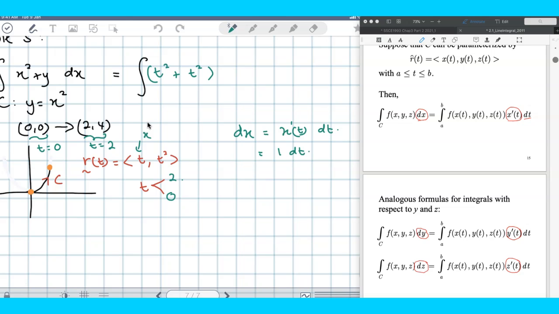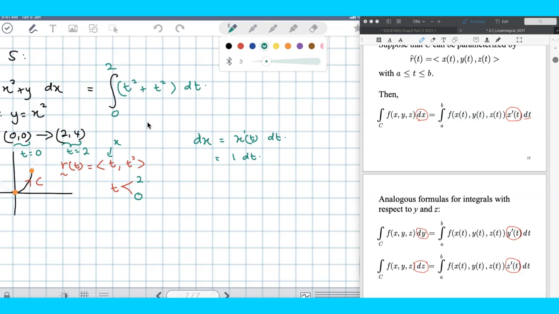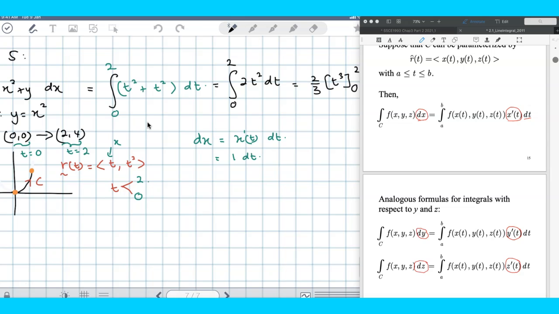So your dx is dt, and t goes from 0 to 2. When we simplify, you have the integral of 2t squared dt from 0 to 2, which is 2 over 3 t cubed from 0 to 2, then 2 over 3 times 8. So you have 16 over 3.